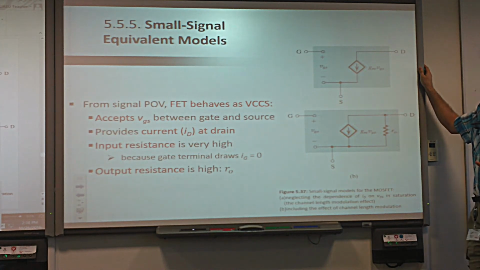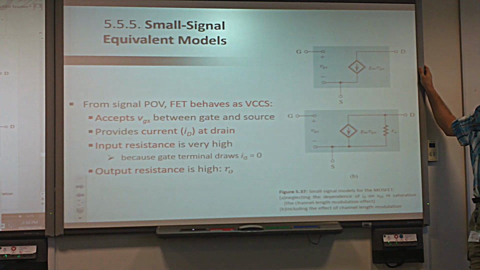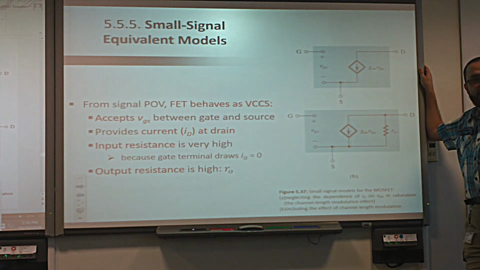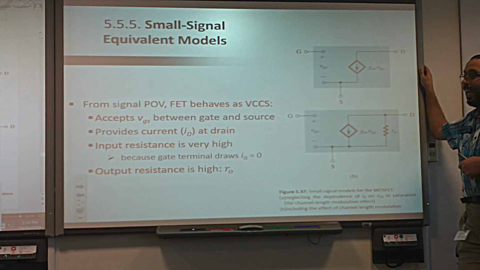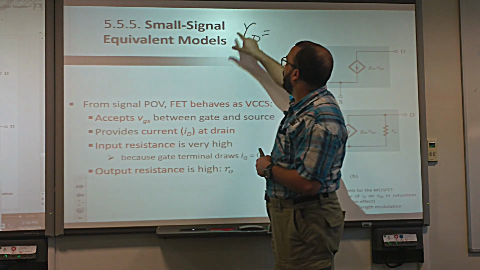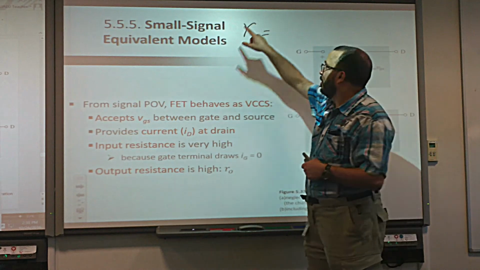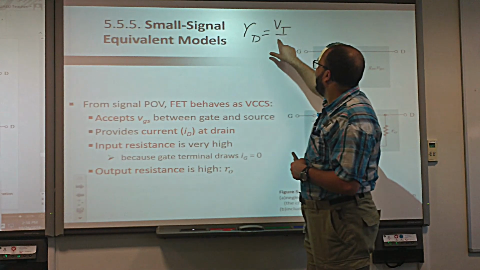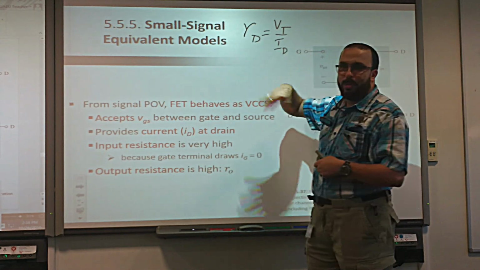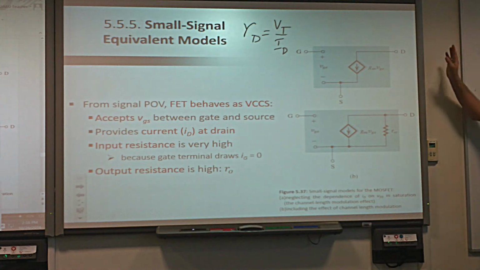We represent the diode in AC as a resistor, remember? And that resistor of the diode, rd, is equal to VT over ID. And then, boom, we study the AC signal. Very good. Same thing in here.